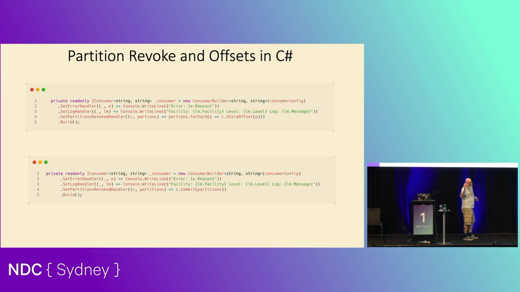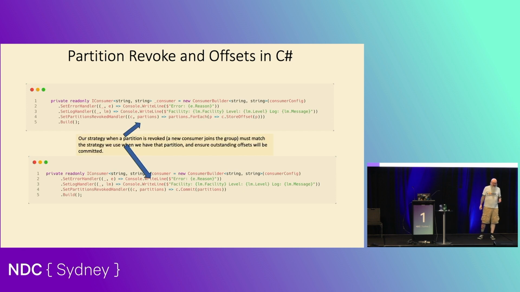So maybe I had 2 partitions, we were in a very quiet period, we ramp up to peak load, suddenly there's a whole load more consumers, one per partition, and 2 or 3 partitions get taken away from me. I have to make sure everybody else knows how far I got. So I either have to store the offset or commit the offset, depending on whatever my strategy was within my handler. So when I create my consumer, I've got to make sure that's matching, right?